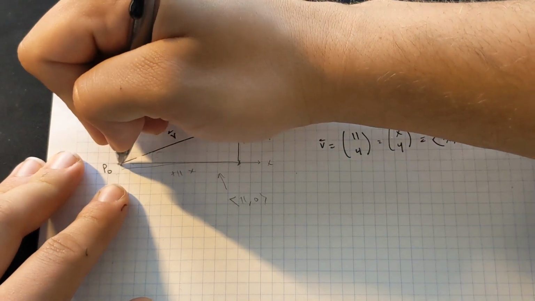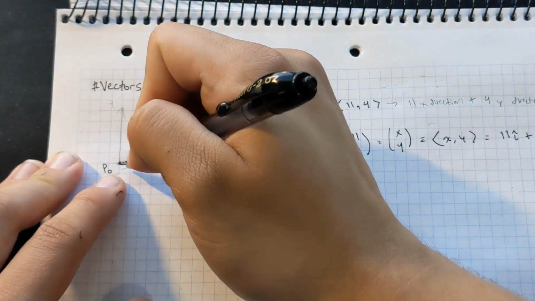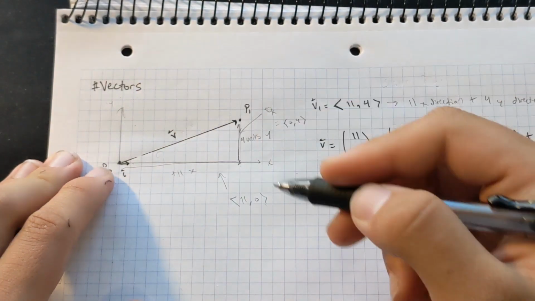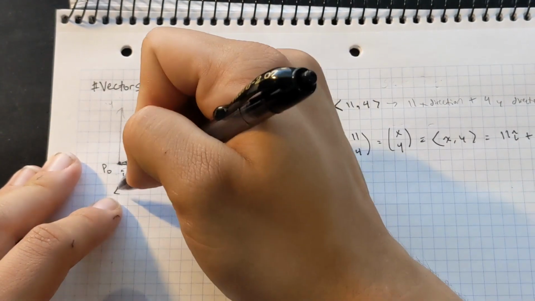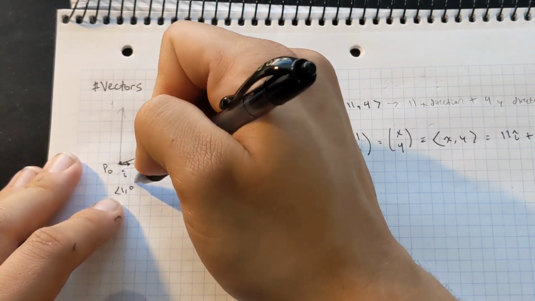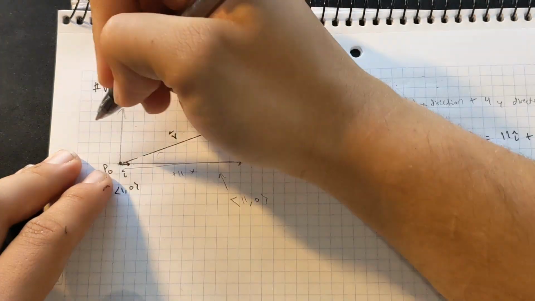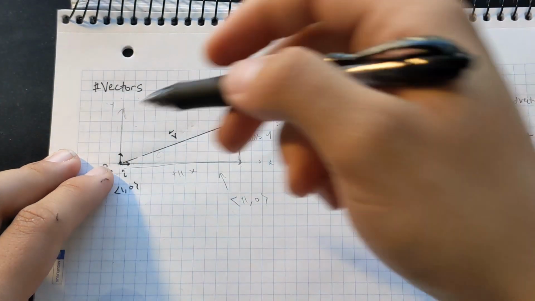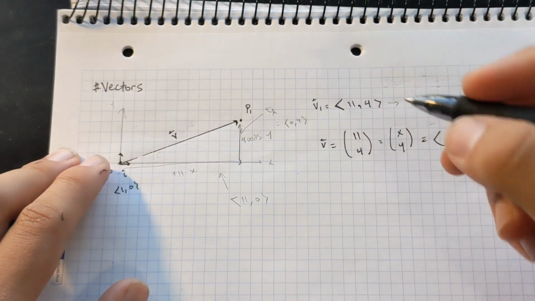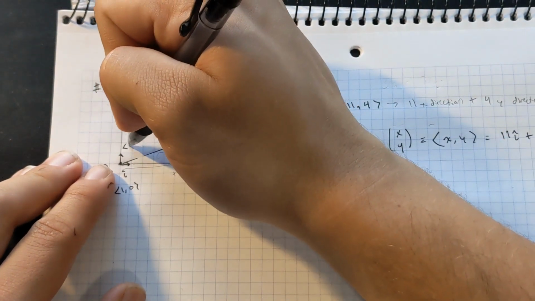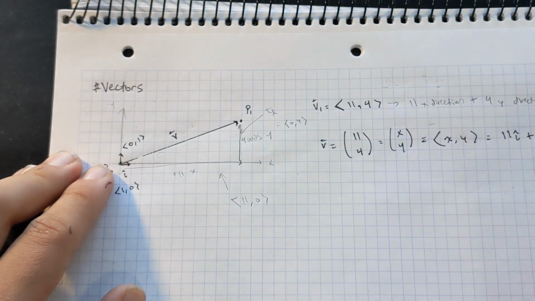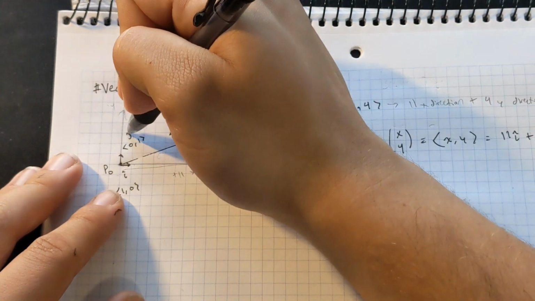So i hat would just be one single square, and its vector form would be <1, 0>. And j hat would be one square in the y direction, a single unit length. So its vector notation would be <0, 1>. And that is j hat.